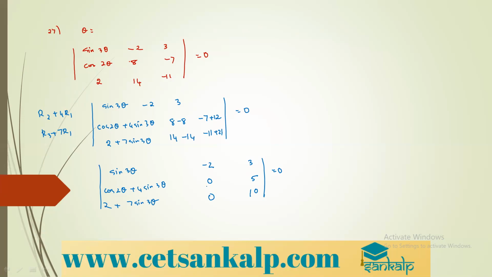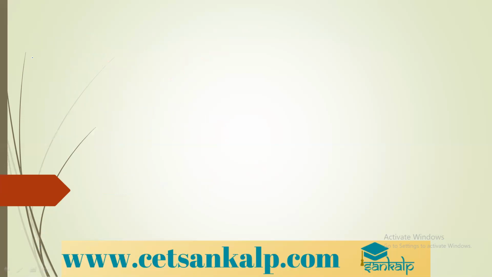Now I can expand this determinant with the help of the second column, so that I will be getting 2 into 10 into cos 2 theta plus 4 sine 3 theta, minus 5 into 2 plus 7 sine 3 theta equal to 0.